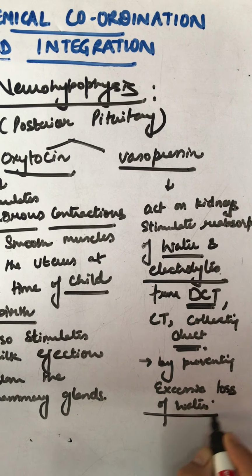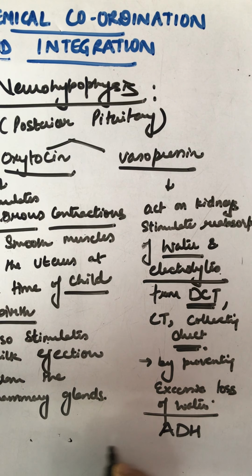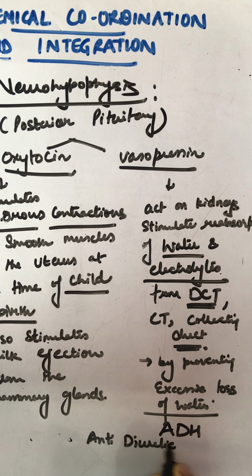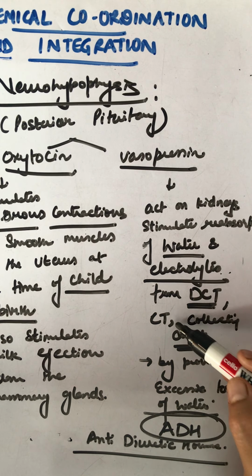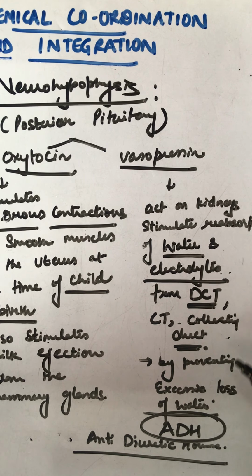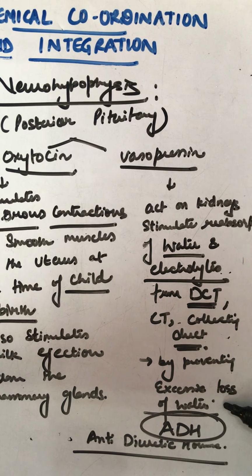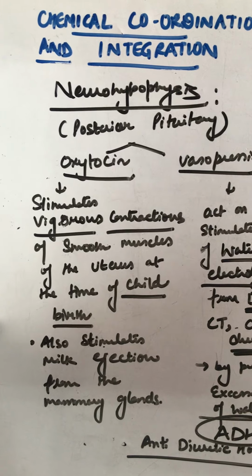Hence it is also known as ADH hormone, anti-diuretic hormone. So what is this doing? Regulates the water and electrolyte balance in DCT, CT and collecting duct by preventing excessive loss of water, which is known as diuresis. So it means it plays a role in regulation of BP also, right? Let's write it down.